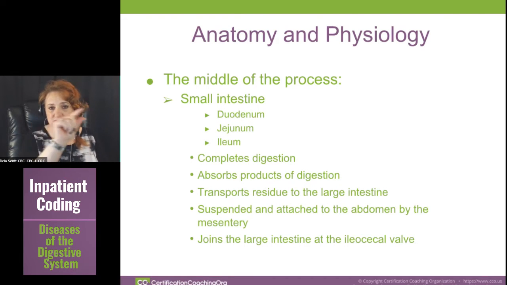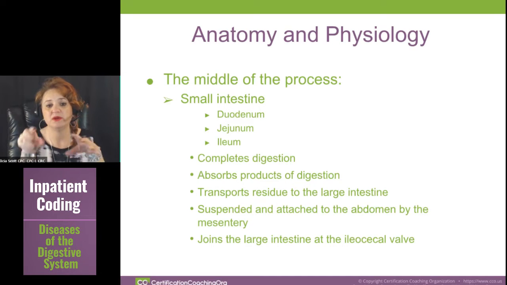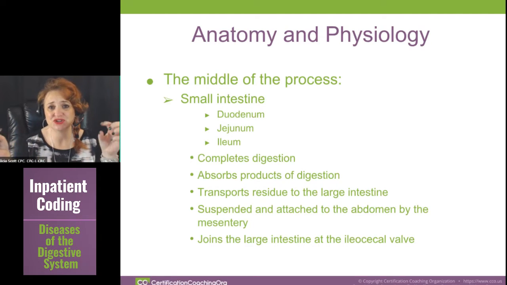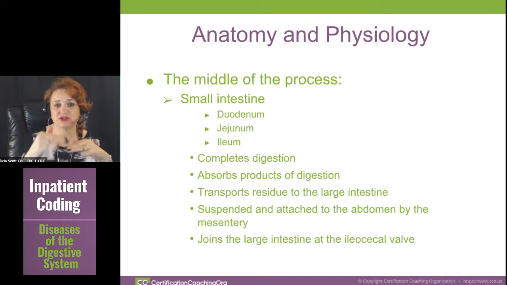So the duodenum is right at the top as soon as it dumps out of the stomach. And then the next area is the jejunum, and the next area is the ileum. Why would it be a good idea for you to memorize this? Because if you're going to scope somebody, they end up going at certain points of the small intestine, and that changes the code, right?